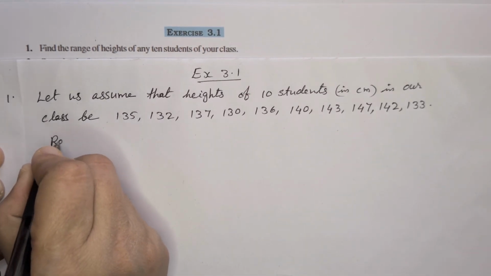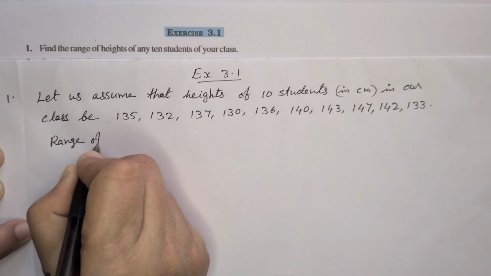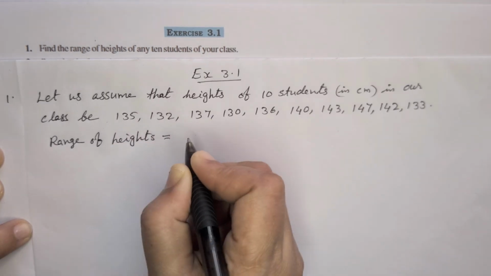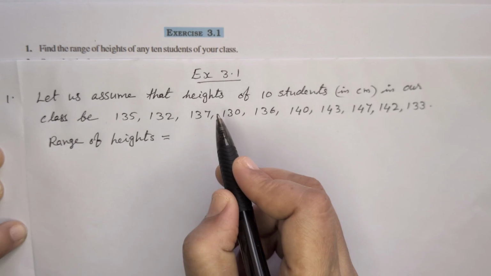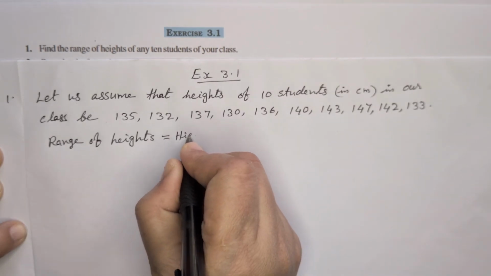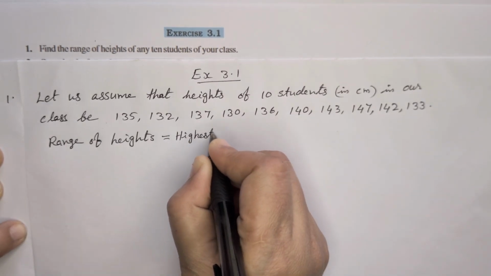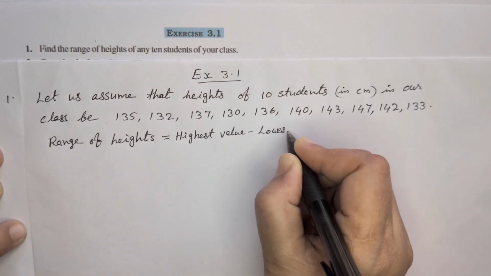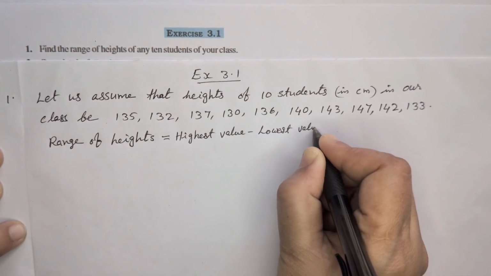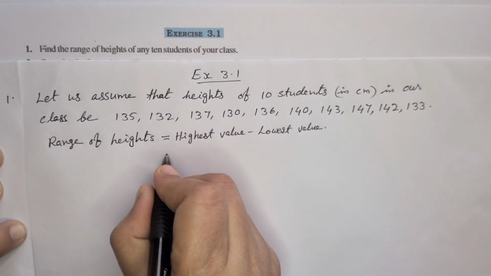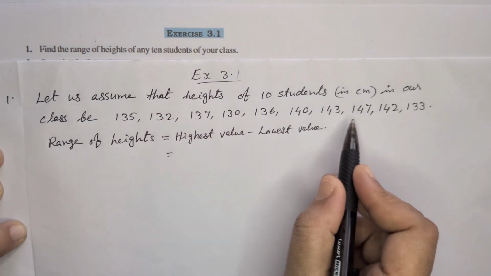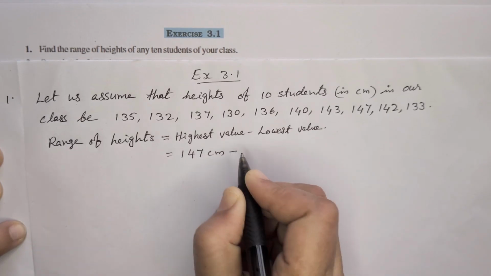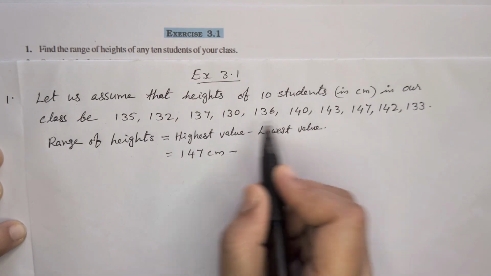So we can write range of heights is equal to highest value minus lowest value. Out of this, the highest value is 147 centimeter, that minus lowest value is 130.